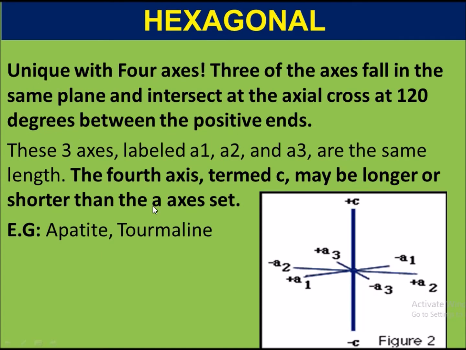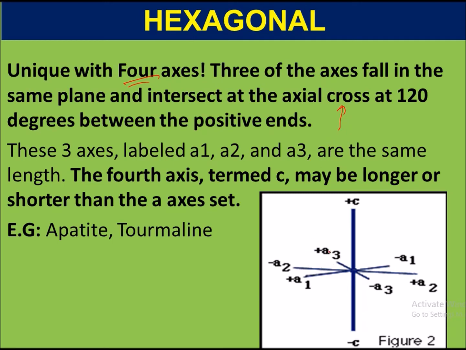Now hexagonal crystal system is a very unique crystal system because in other crystal systems you will see 3 axes, but here there are 4 axes. So this is quite a unique crystal system. Out of these 4 axes, 3 fall in the horizontal plane and 1 falls in the vertical plane.